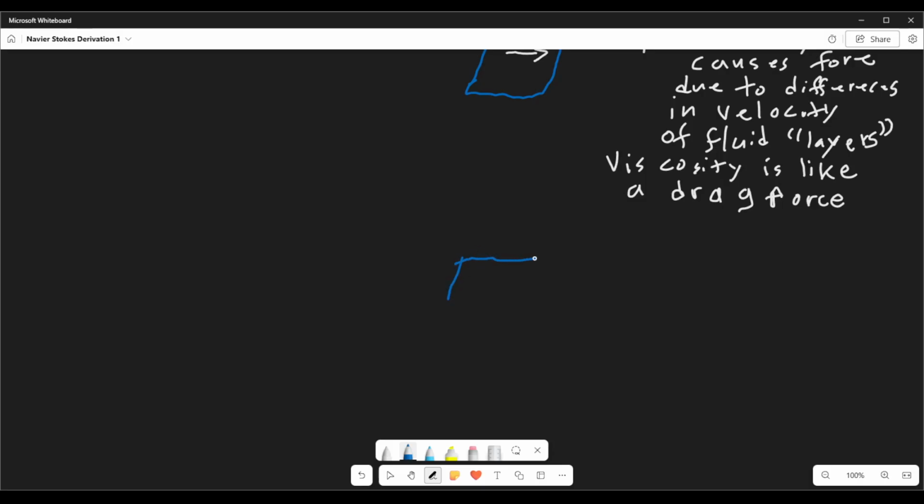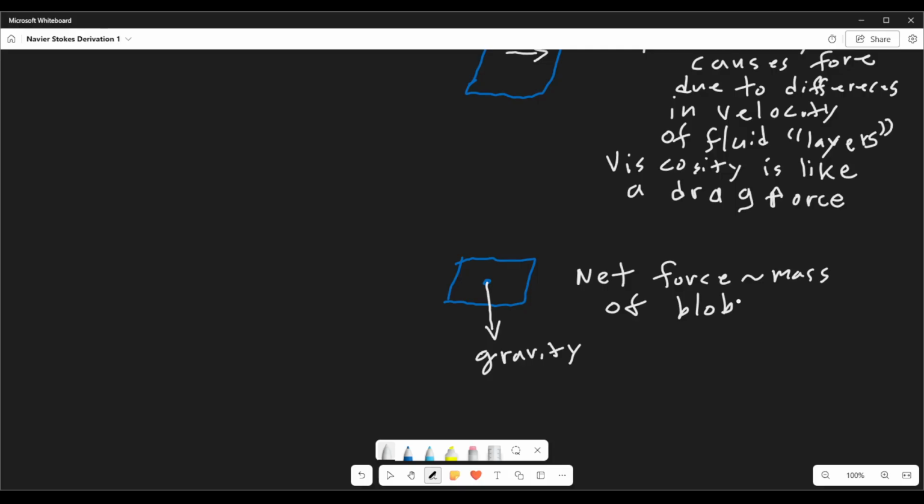So if there's a fluid blob and say that it's under the influence of a force like gravity, there's just a net force that's proportional to the total mass of the blob. This is called the external force.